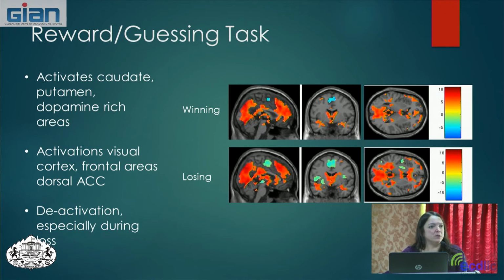For years, people were kind of thinking, what does deactivation mean? Nowadays, they think that it's an inhibitory process. So if you see deactivation in an area, they think that instead of being activated, that area is being inhibited, being kept from activating.